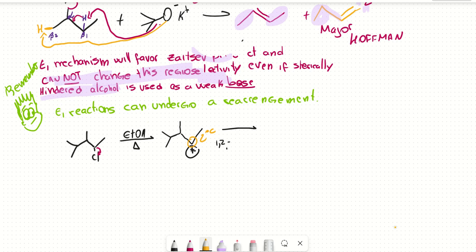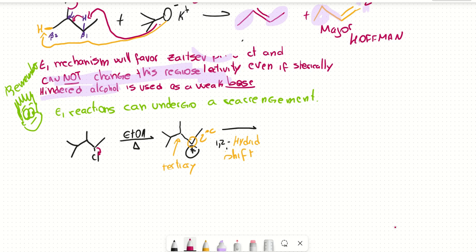But remember that I said since the beginning that a carbocation positive charge will be better when it's located on a tertiary carbon. And look at this, this is a tertiary carbon, right? And remember that we talked about hydride shift. So this is the case where we can have a hydride shift.